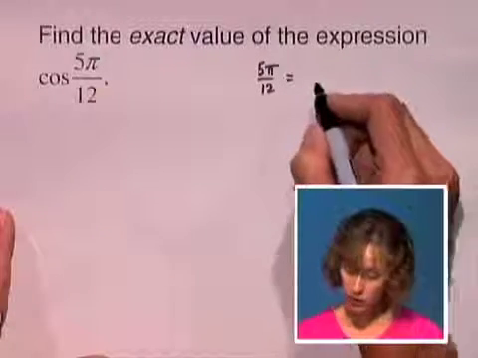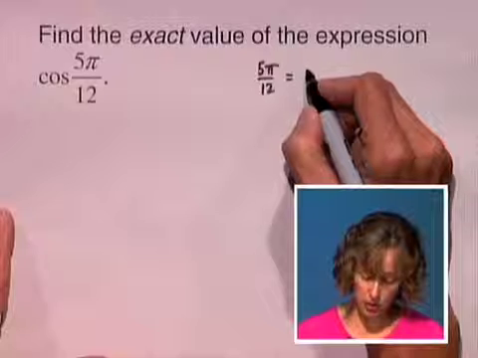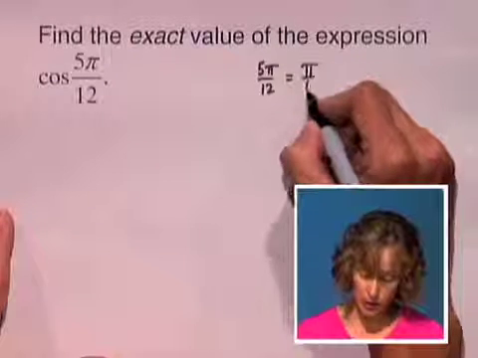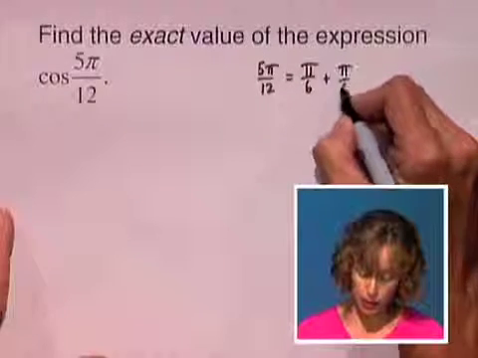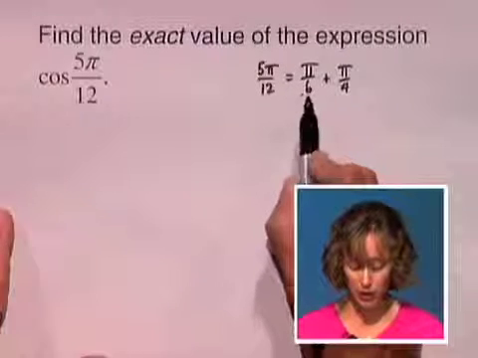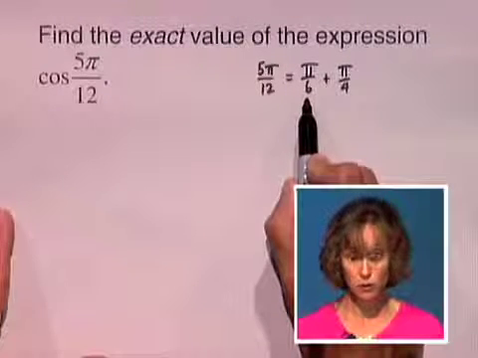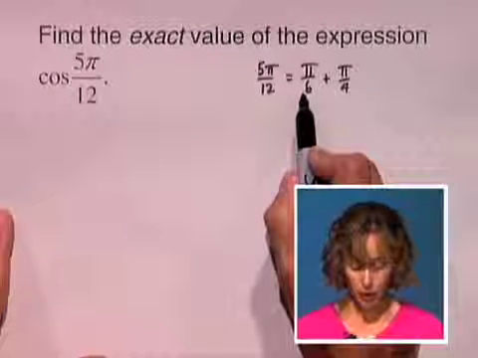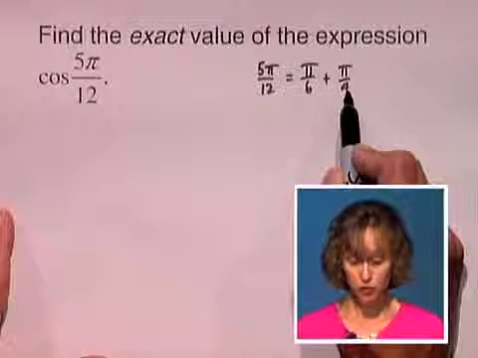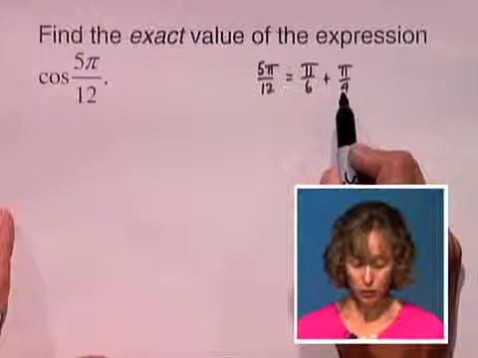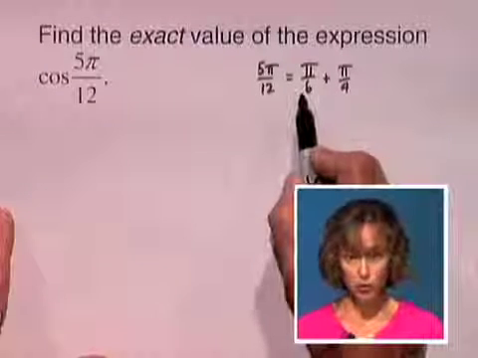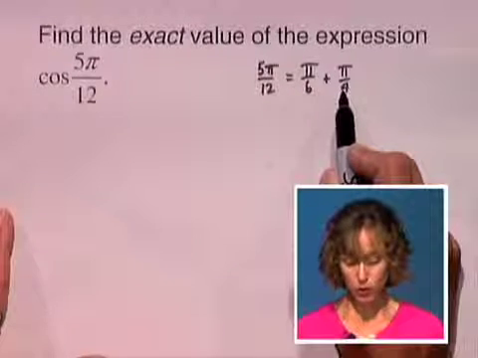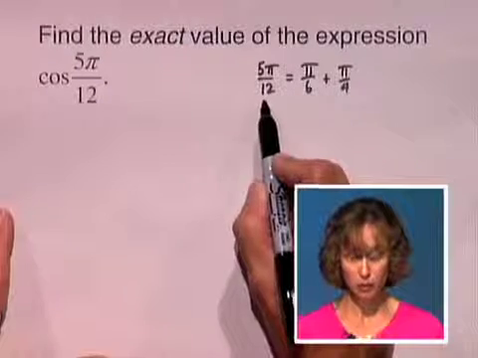One combination is to consider it pi over 6 plus pi over 4. And that might seem a little bit arbitrary, but remember, in terms of something over 12, pi over 6 is 2 pi over 12, and pi over 4 is 3 pi over 12. 2 pi over 12 plus 3 pi over 12 is 5 pi over 12.